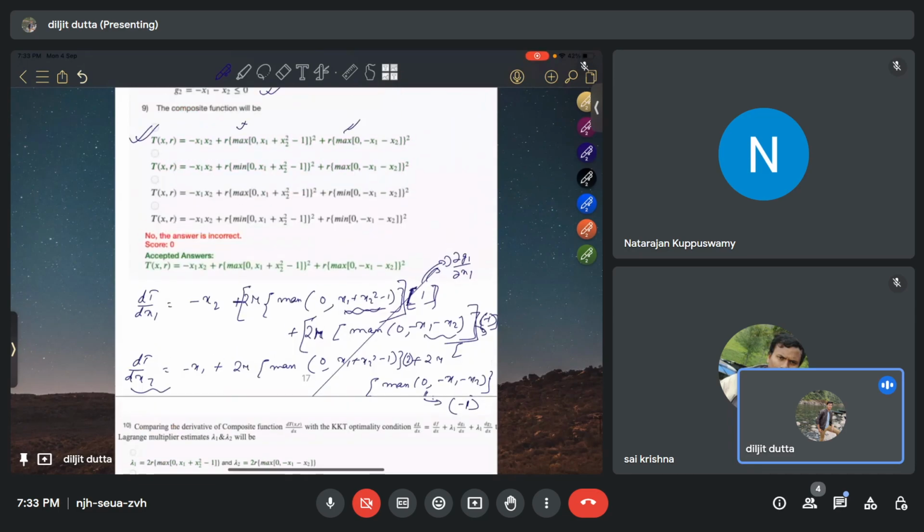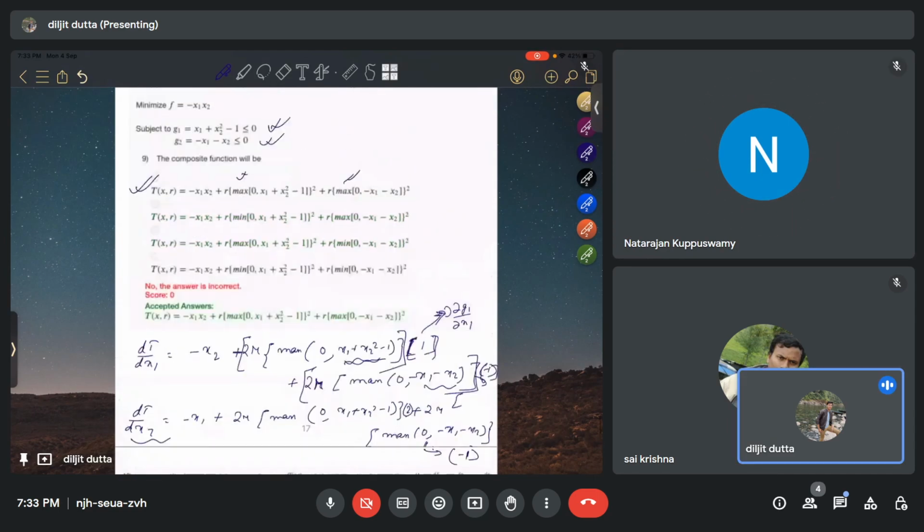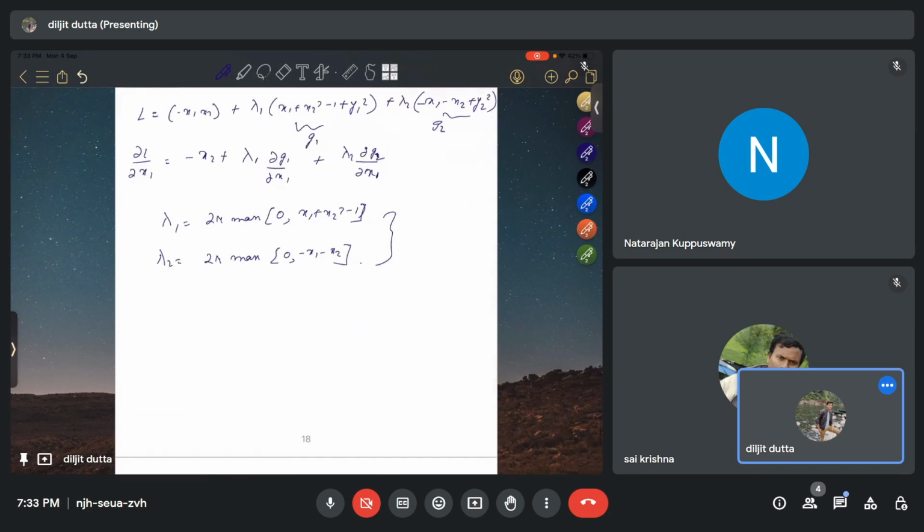This differentiation you understood, right? If this is not clear, repeat one second, sir. Okay, I will just expand this differentiation. So what is there?